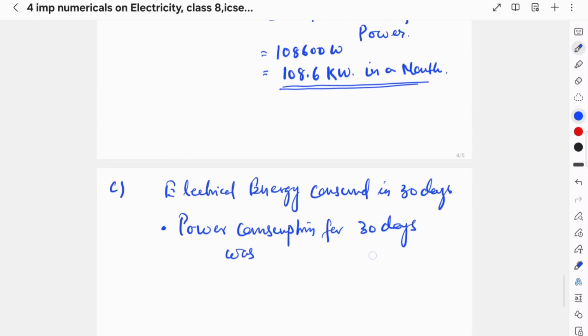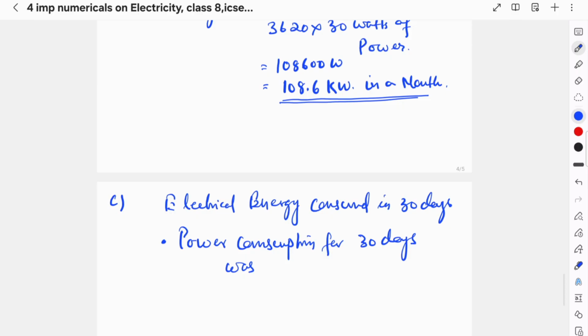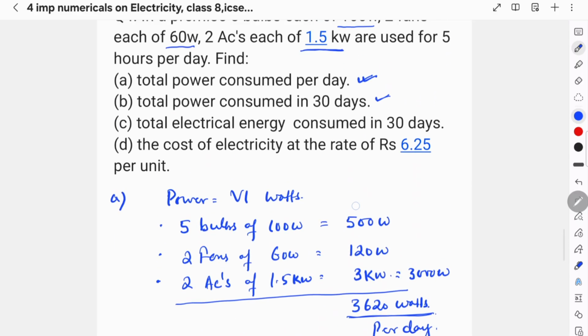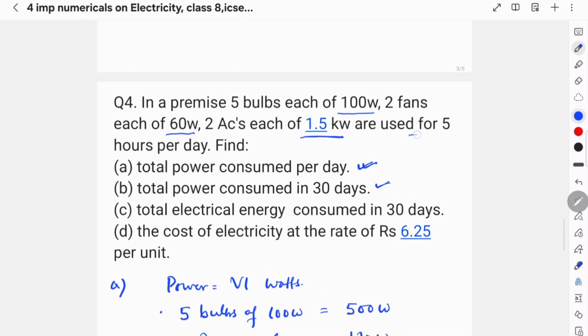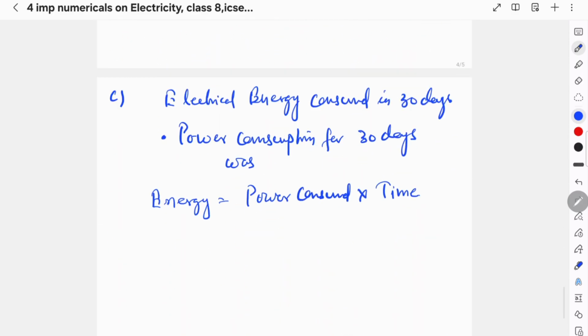So electrical energy will be power consumed into time. That is, for how much time this power was consumed. So the question says it was used for 5 hours per day. So now we have to multiply it by 5.